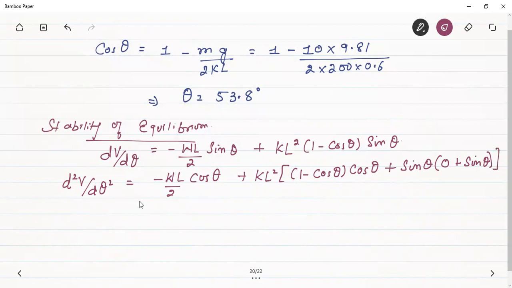So this is the second derivative. If we evaluate this, it will be equal to cos theta minus cos square theta plus sine square theta.